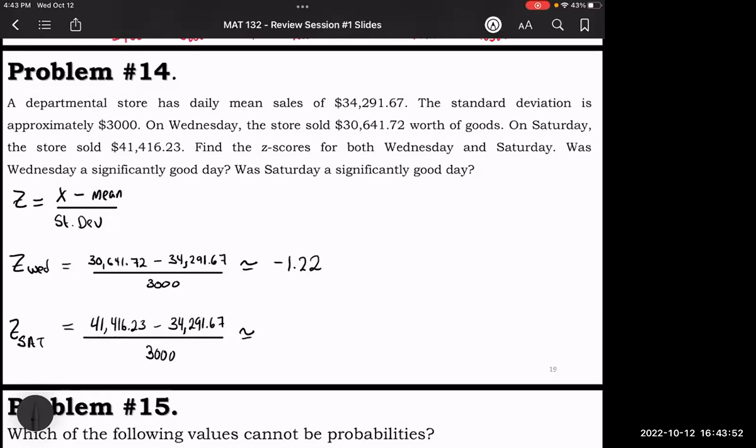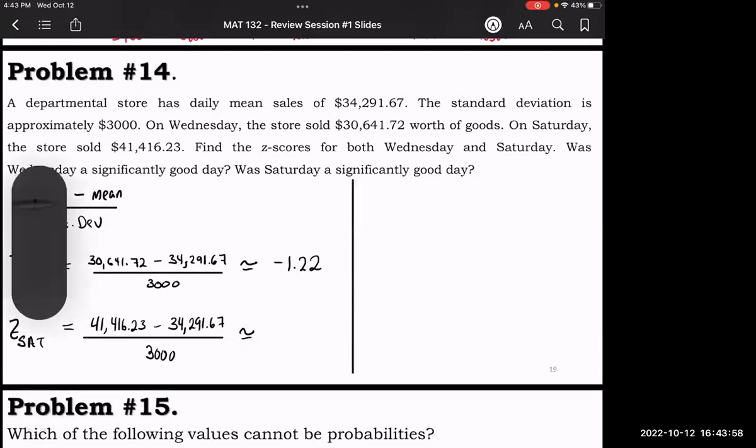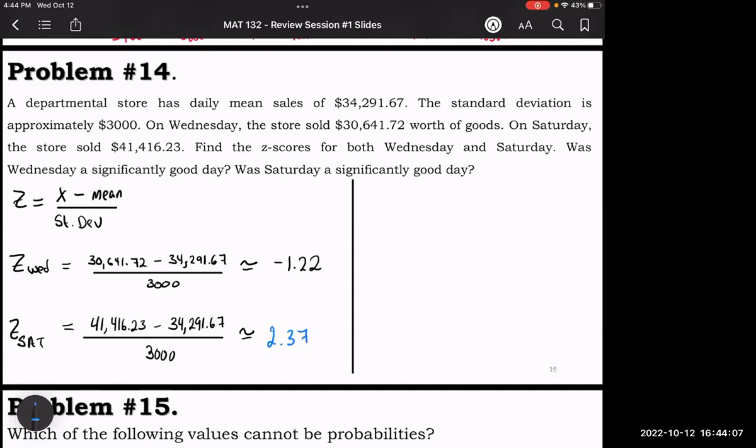Be sure that when you do your calculations, again, round it to 2 decimal places. Okay, so we have to answer both the follow-up questions. Z Wednesday and Z Saturday are great. We just got to figure out if they are significantly good days.